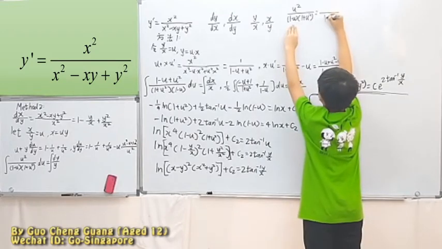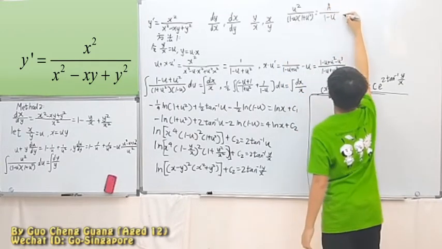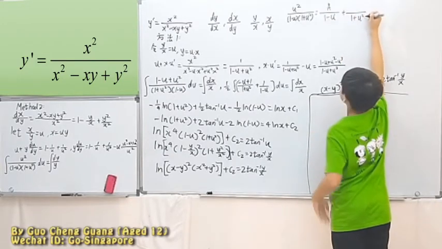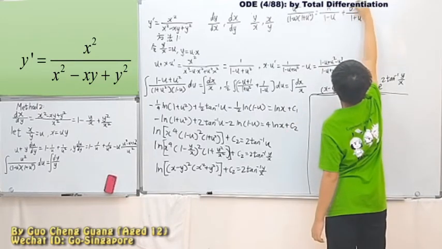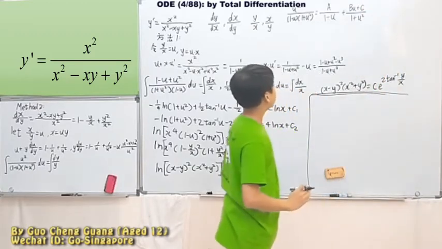For this first part, 1 minus u, A. Since this part is just that square, you can put it like this.